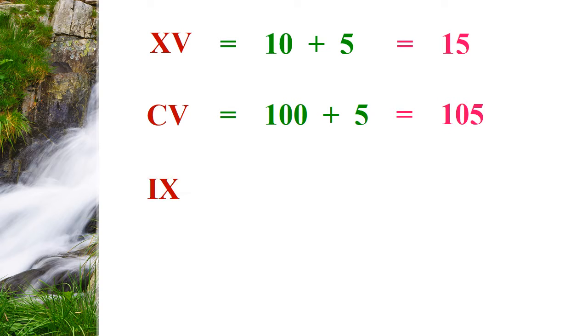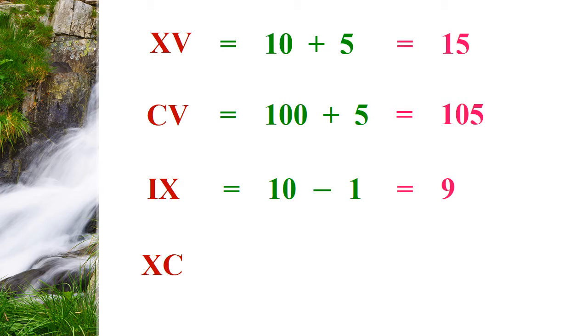Next one, IX. Here I value is 1, X value is 10. Here the smaller number is before the larger number, so we subtract the values. 10 minus 1, we get 9.